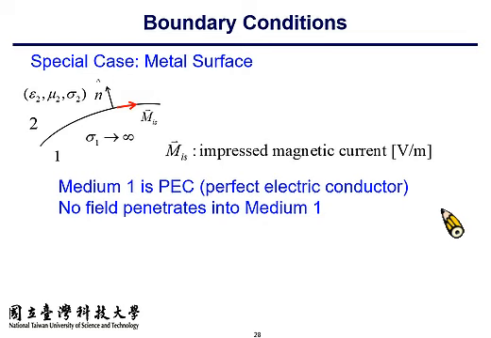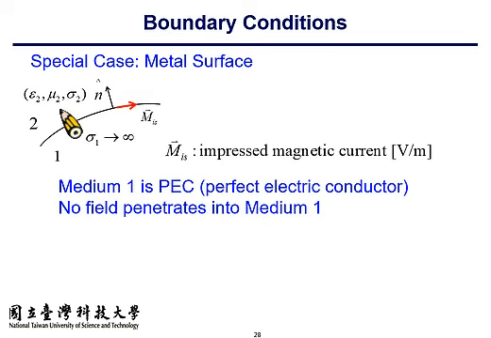So for a perfect electrical conductor, the conductivity goes to infinity, the skin depth goes to 0, which means no electrical field and magnetic field intensity can survive within the perfect electrical conductor. Bear in mind that when it comes to PEC, there is no electrical field and no magnetic field within the region of PEC.